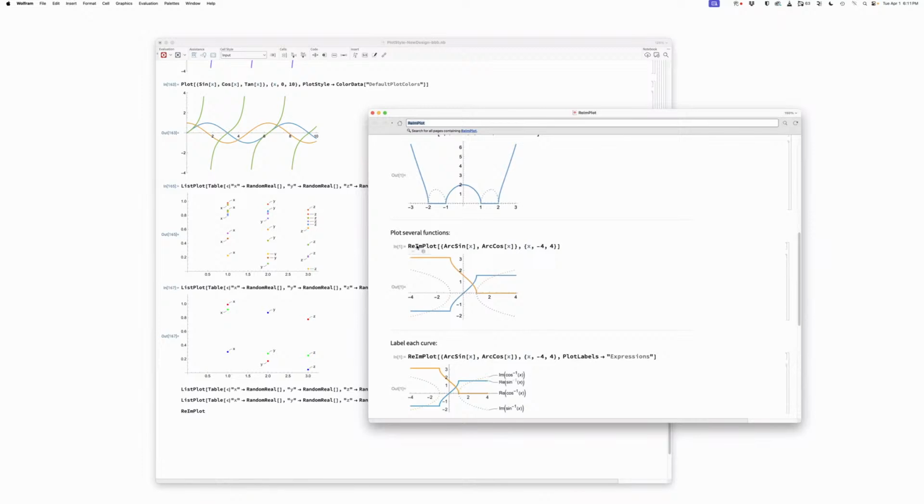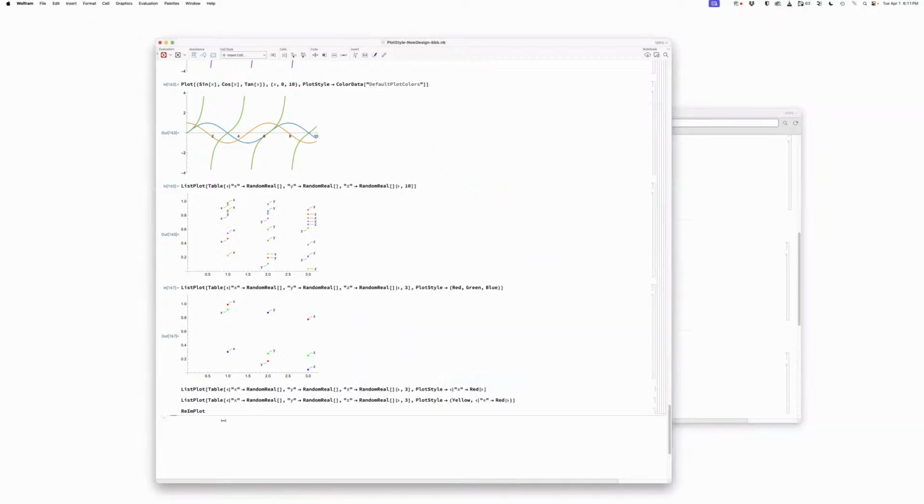In a case like this, that's complicated, because now if I say plot style, and if I were to do red, blue, Arc is red, arccos is blue, with a mix in for the dotted lines.